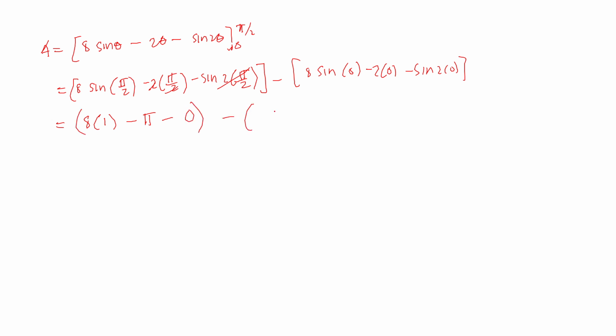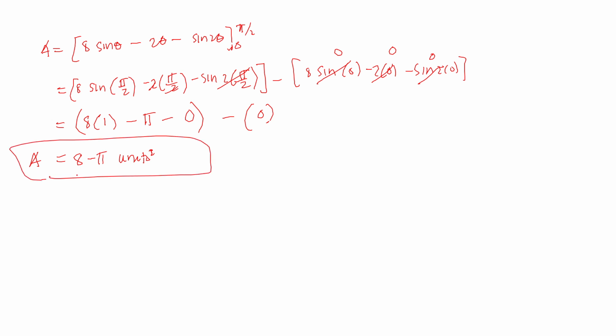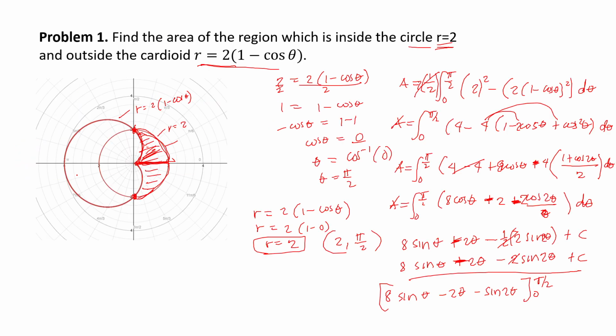The lower limit is 0, since sine 0 is 0 and sine 2 times 0 is 0. So the area is equal to 8 minus pi square units. So this is number 1, again the region covering from 0 to pi over 2.